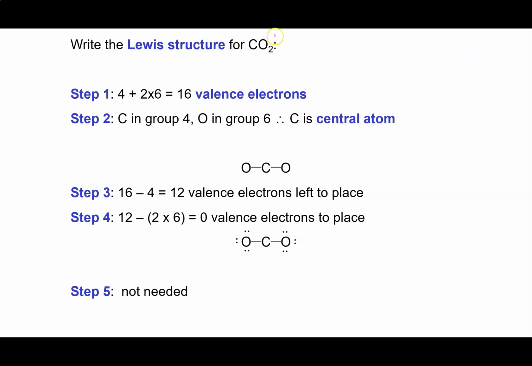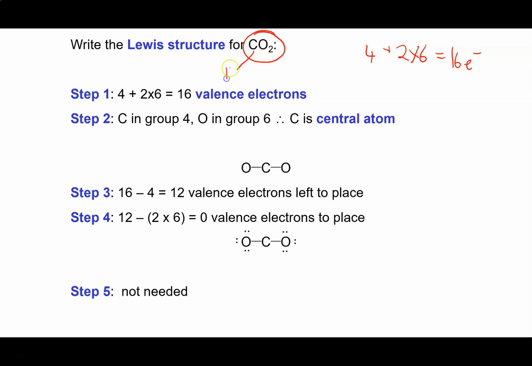So now I'm going to give an example where we have to use the final rule where we make double bonds. So we're going to draw the Lewis structure for carbon dioxide. Carbon's in group 4. The 2 oxygens are in group 6. So when we add all of that together, 12 plus 4 gives me 16 electrons.